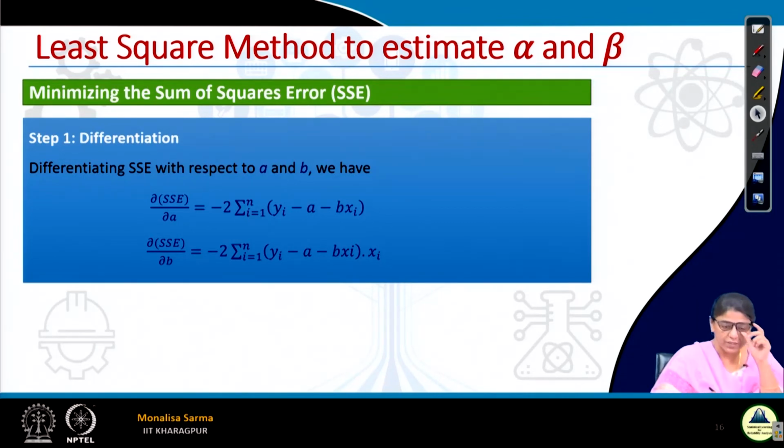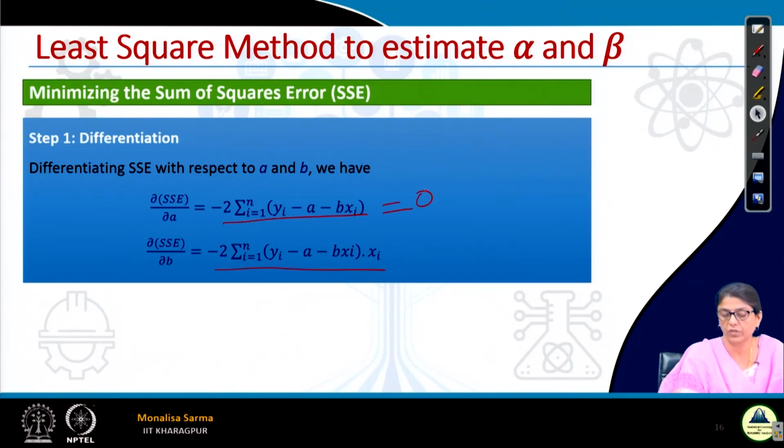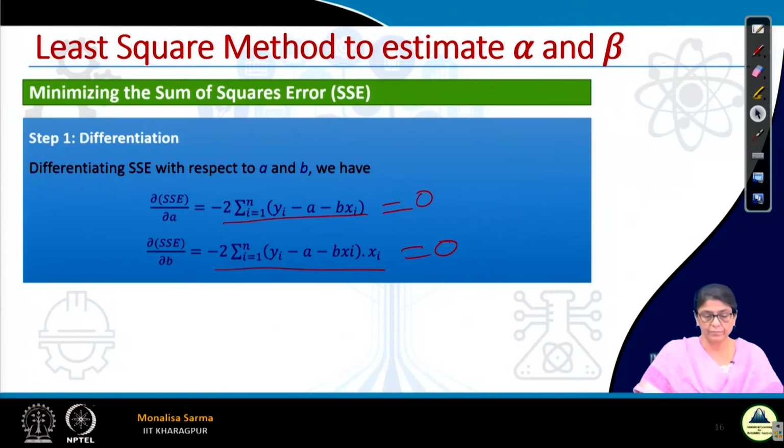So I differentiate SSE with respect to A, and then with respect to B. I equate both to 0 and get two equations, from which I can find the values of my parameters A and B.